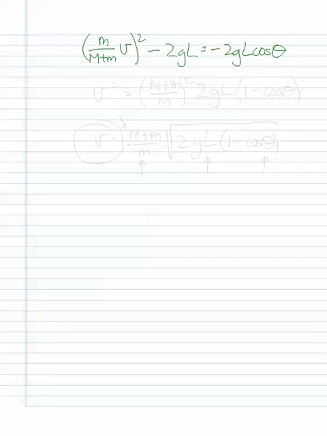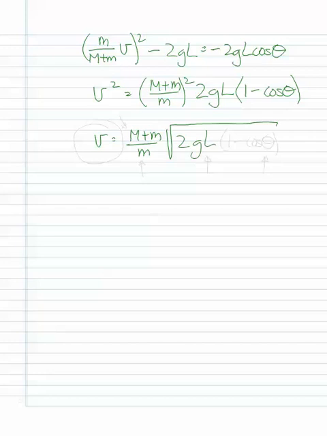Okay, so I get that v squared is equal to m plus M over m squared. I'm going to bring that to the other side, and I'm going to do times 2gL (1 minus cosine theta). So the velocity is m plus M over m times the square root of 2gL (1 minus cosine theta).